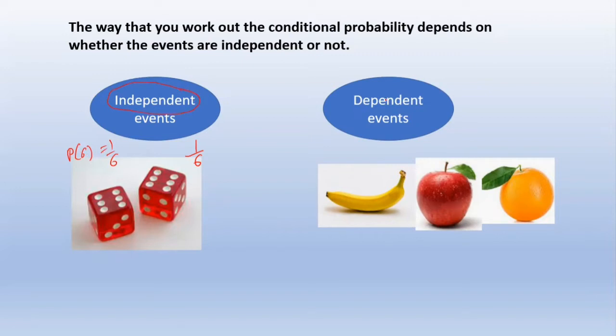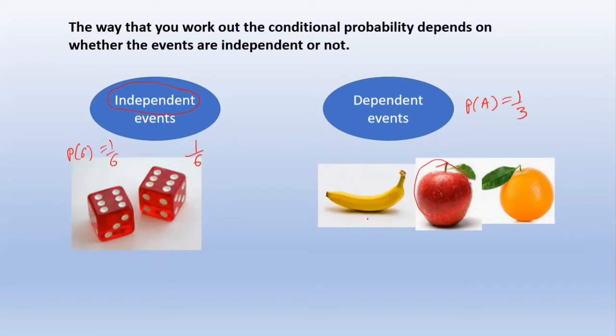Now let's understand what are dependent events. Say you are given 3 fruits and you are asked to choose one fruit. Say I chose an apple. So what is the probability that I choose an apple? The probability of an apple is going to be 1 upon 3 because I have 3 possible outcomes. Now that I have already chosen an apple, I am left with only 2 fruits.